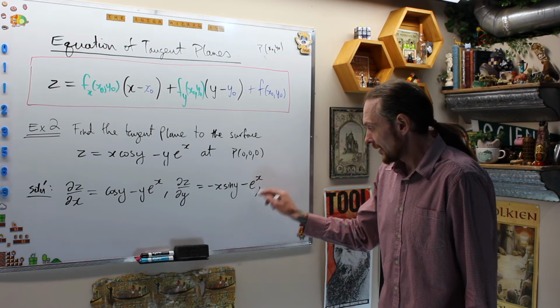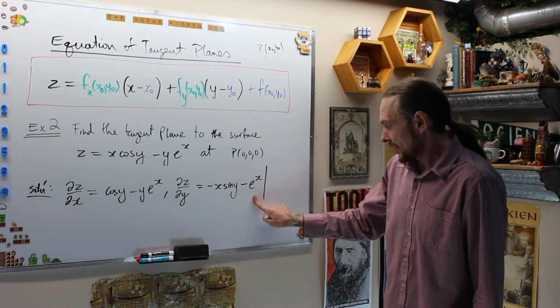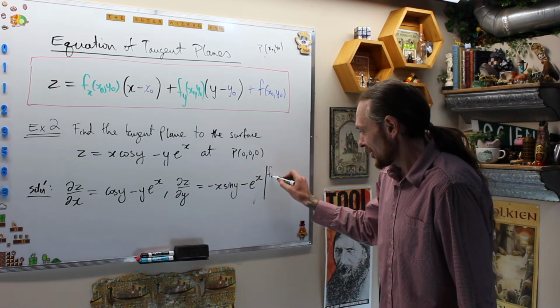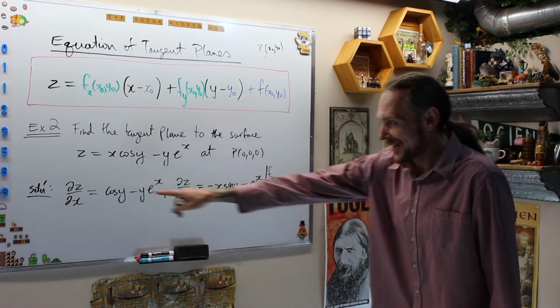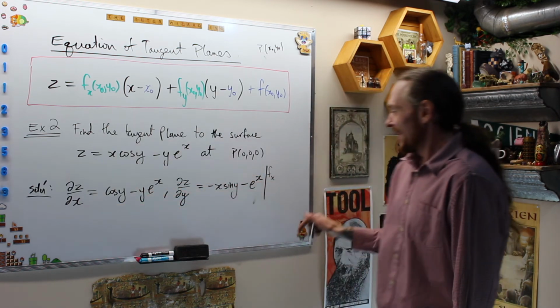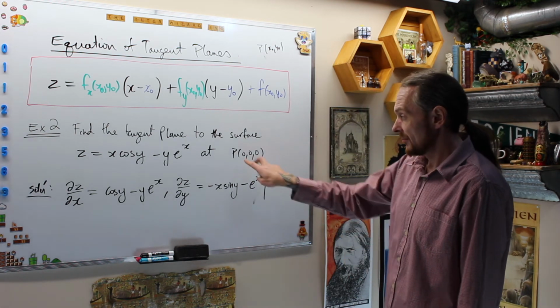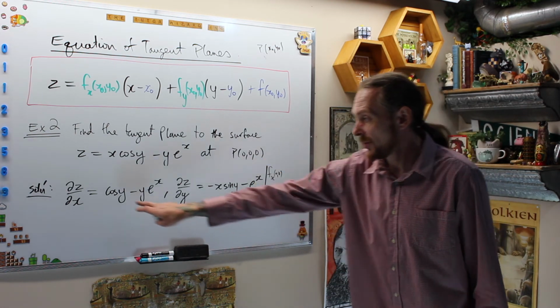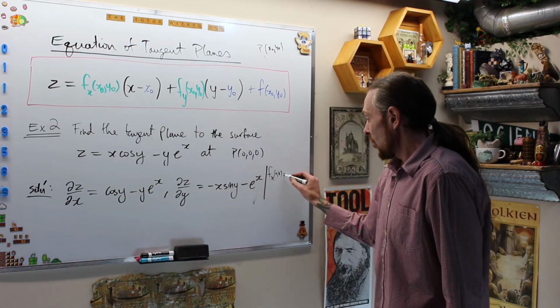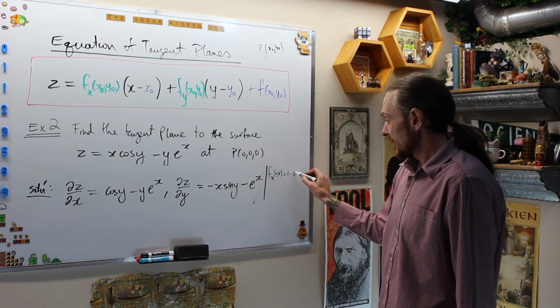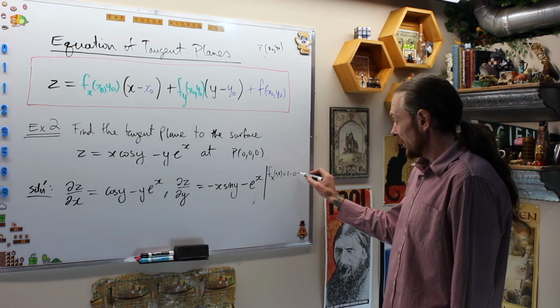I should have stuck those in there, but can I get that? Now I switched the notation for convenience. I ran out of room, so now back to that. That's the same guy. This guy is fx at 0, 0. That gives me what? cos of 0 is 1 minus 0 times 1 e to the 0.